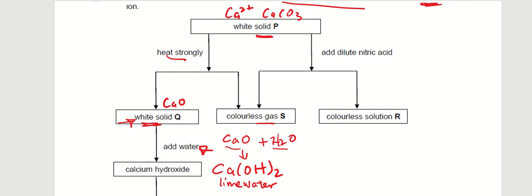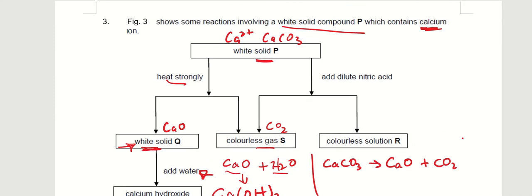The gas that we get here would be carbon dioxide, because the decomposition of calcium carbonate when heated strongly gives us calcium oxide and carbon dioxide gas. Now even if we're not sure, let us take a look and see whether we can get a bit more information from this side of the picture.